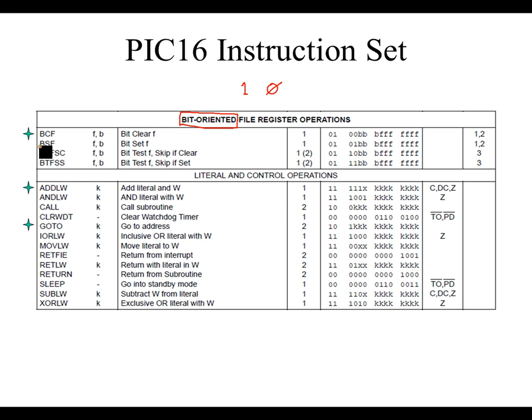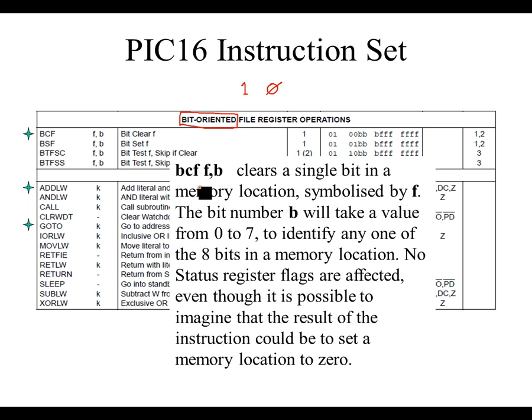Notice there's also a command called bit set F, but bit clear F clears a single bit in a memory location symbolized by F. The bit number B will take a value from 0 to 7 to identify any one of 8 bits in a memory location.